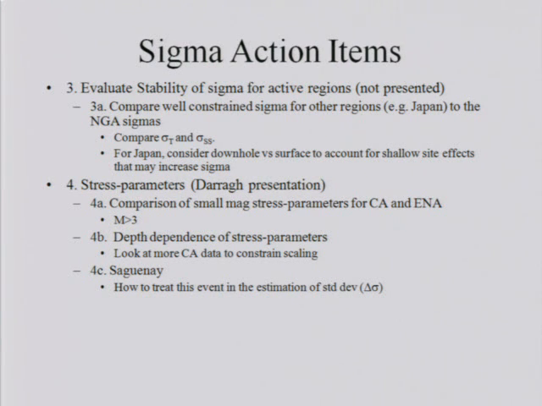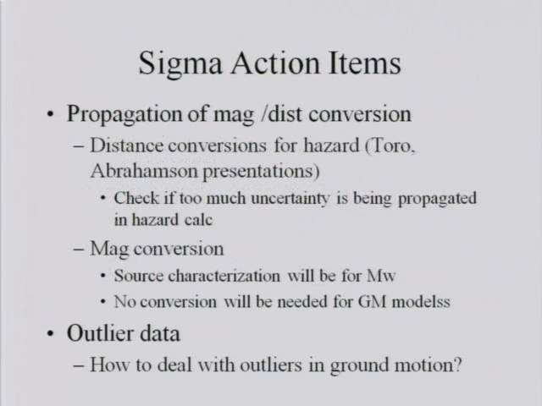And there are issues, so Bob will talk about that, of what we do with Saguenay. That's one of our recurring problems. One of our best recorded earthquakes is deemed anomalous. All right, that's a tough situation to be in. The depth dependence is also another issue that we'll get to.